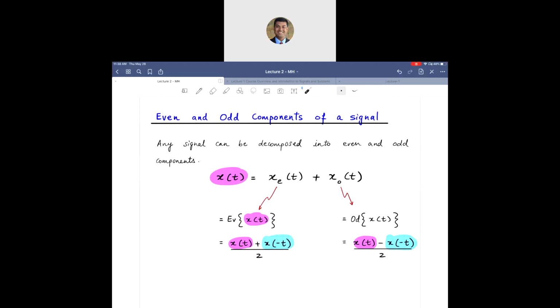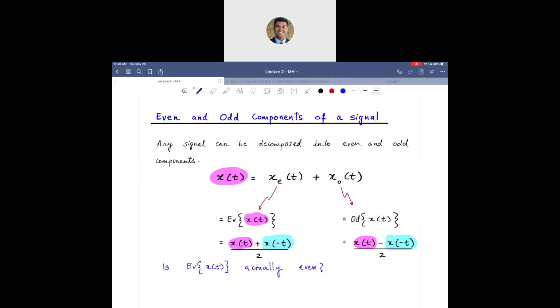So the claim is that you can decompose a signal into its even and odd parts or components. By the way, we have proved earlier a property, and you can actually prove this property as well. Is the even part of x of t actually even?